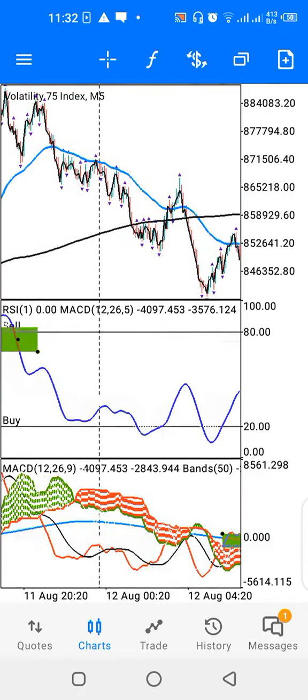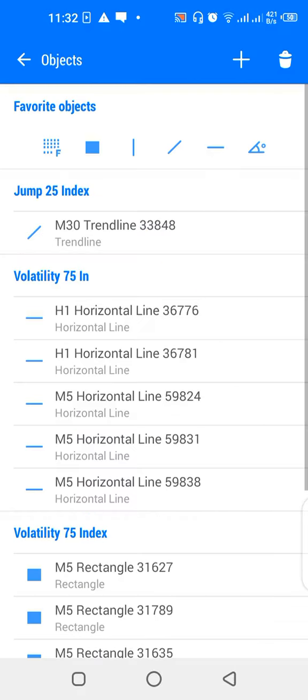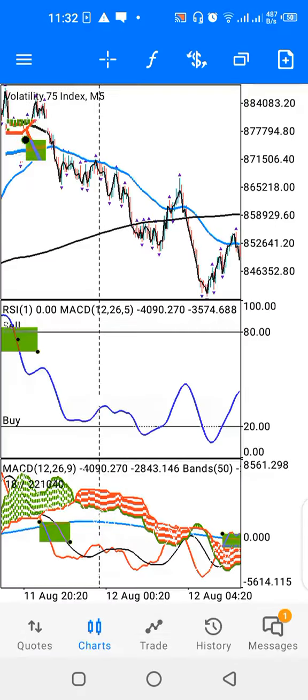Of course, you can place your sell trade where the red and the black line cross below the Ichimoku and also below the 200 period previous indicator's data moving average. Okay, so that is a good strategy.